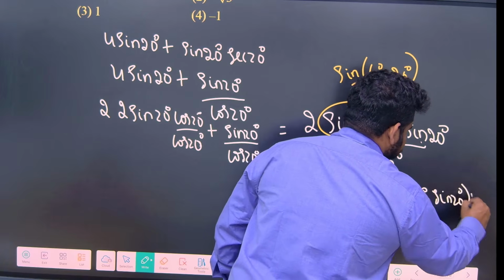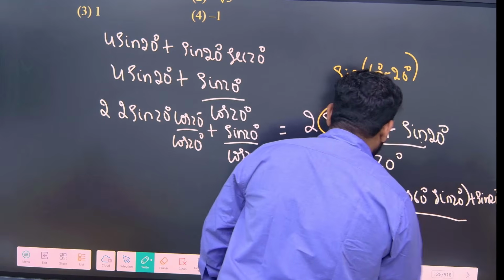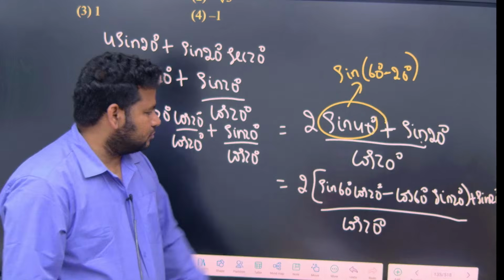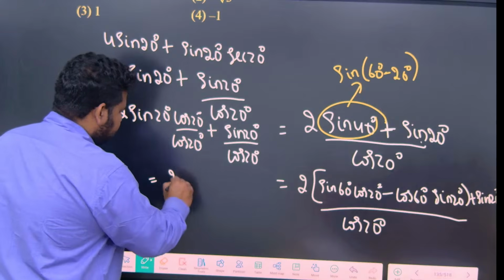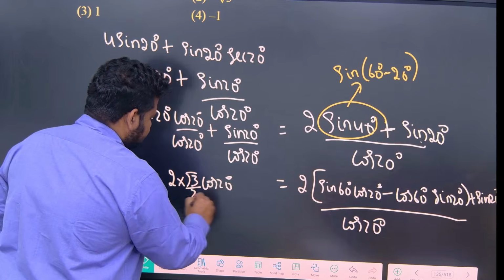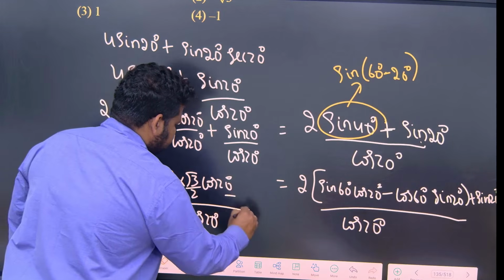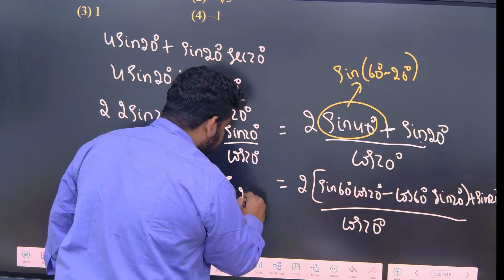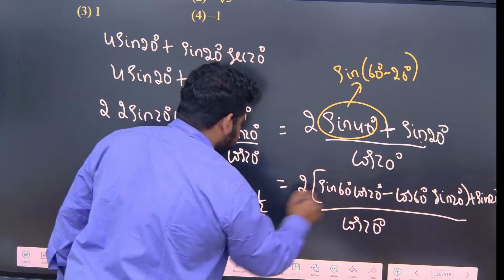plus sin 20, divided by cos 20. Now observe here, sin 60 is what? Root 3 by 2, cos 20 keep it as it is. So this will be 2 into root 3 by 2 into cos 20, minus 2 into cos 60. Cos 60 is 1 by 2, and the outside 2 I am multiplying.